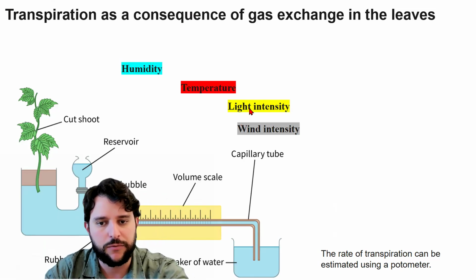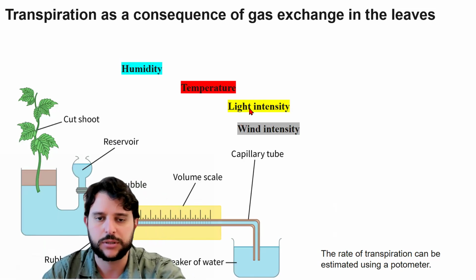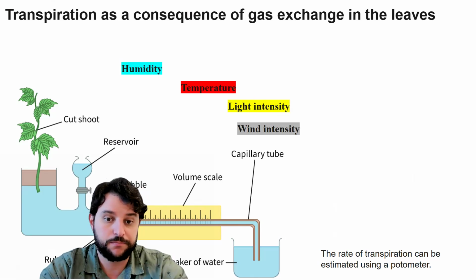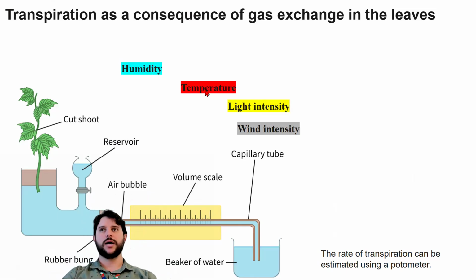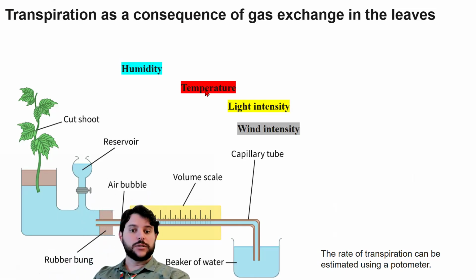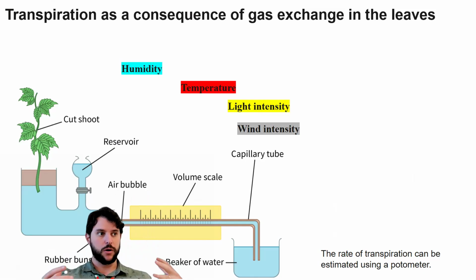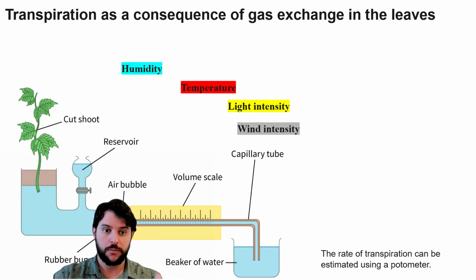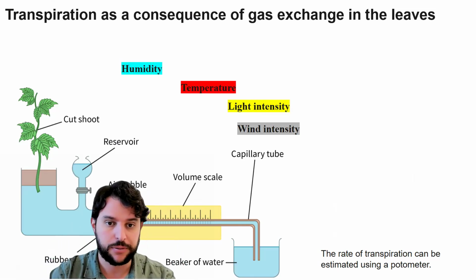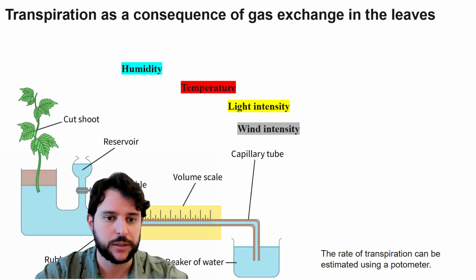Light intensity, same thing: more light, more transpiration, because plants are going to do more photosynthesis. Temperature, same thing. If you have more heat, higher temperatures, there's more molecular motion, more thermal energy, and the plants are also going to have more metabolism. So more photosynthesis, and they end up transpiring more water to the environment.